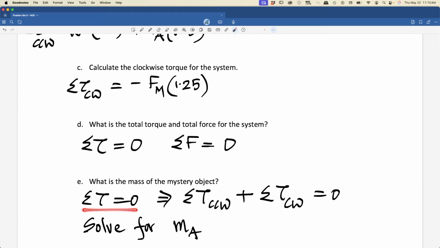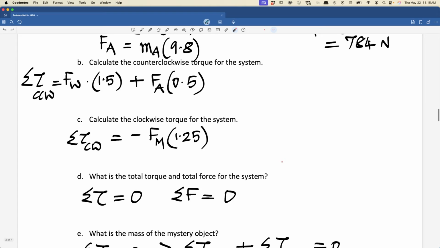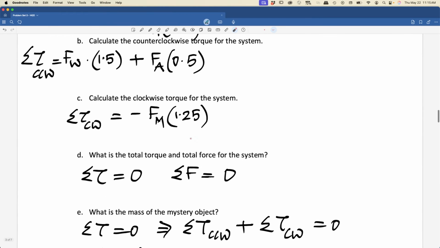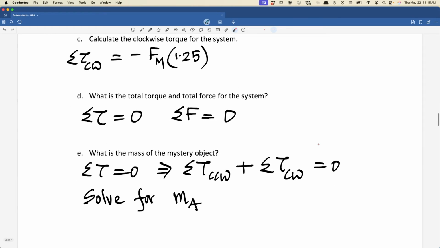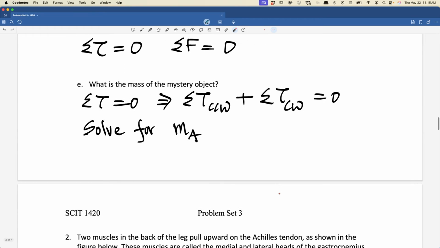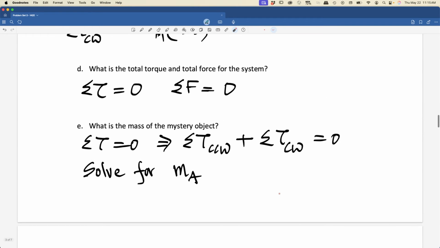Since we have the total counterclockwise torque from here and the clockwise torque from here, you just put those two and do the math to solve for the mass of the mystery object. You have to substitute these numbers from B and C and then solve for the mass of the object. That is question number 1.